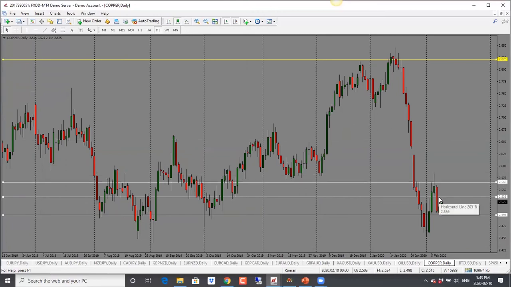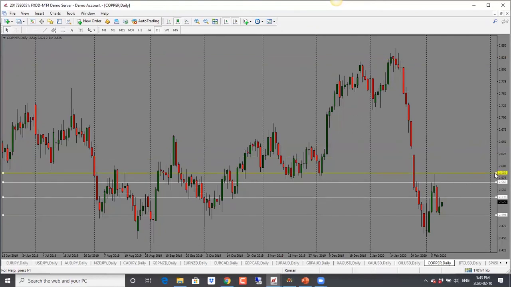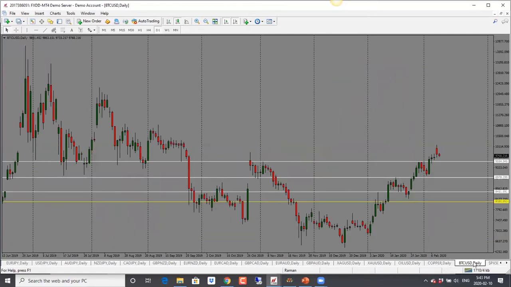If it goes through today's high, I'm looking for it to go further into 2.56 and potentially even higher into 2.58. But on the other hand, if it holds below 2.53, then we have a lot of room to the downside and it can drop further towards 2.46. So right now, bias is neutral for copper.